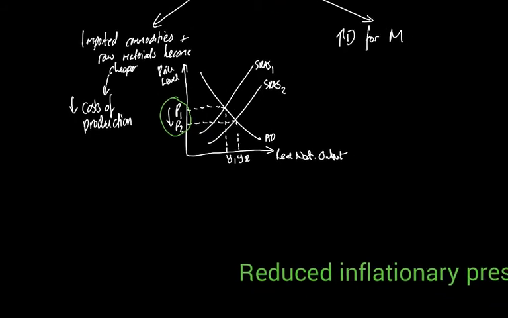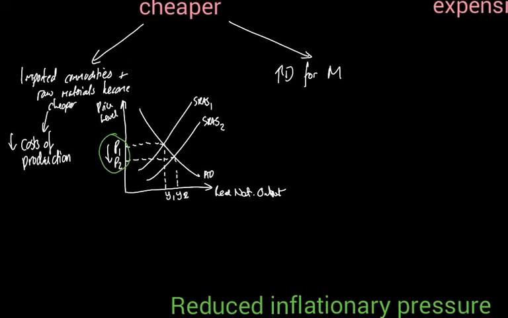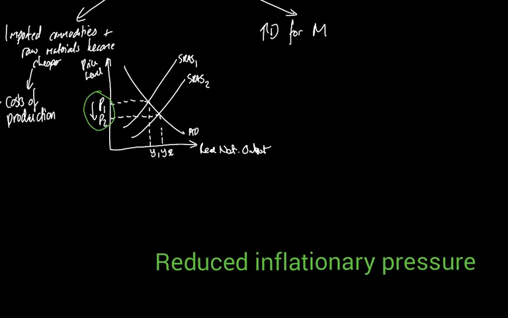So if we think about where this leads, coming down this side, we have a reduction in the cost push inflationary pressure, and as a result, we have reduced inflationary pressure overall.